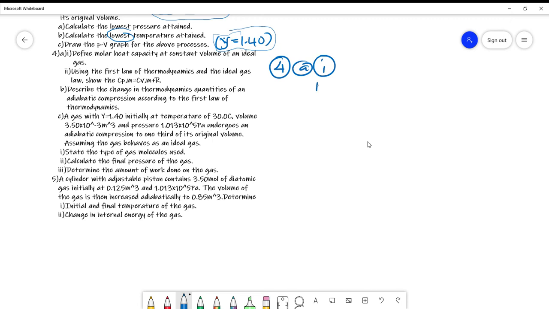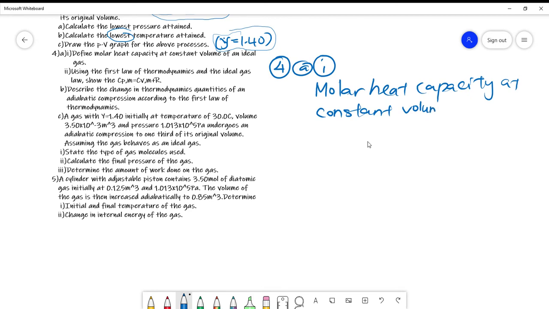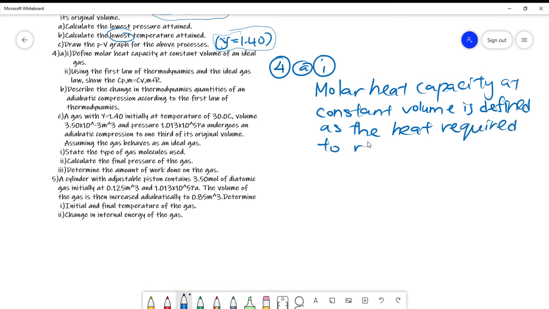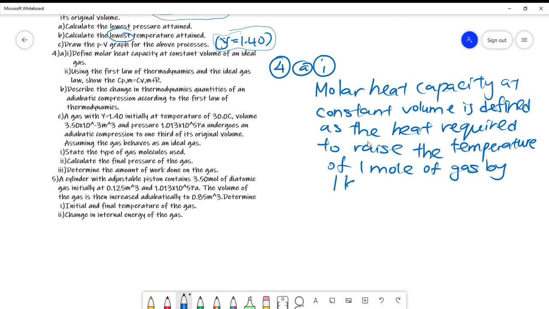Molar heat capacity at constant volume is basically defined as the heat required to raise the temperature of 1 mole of gas by 1 K at constant volume.